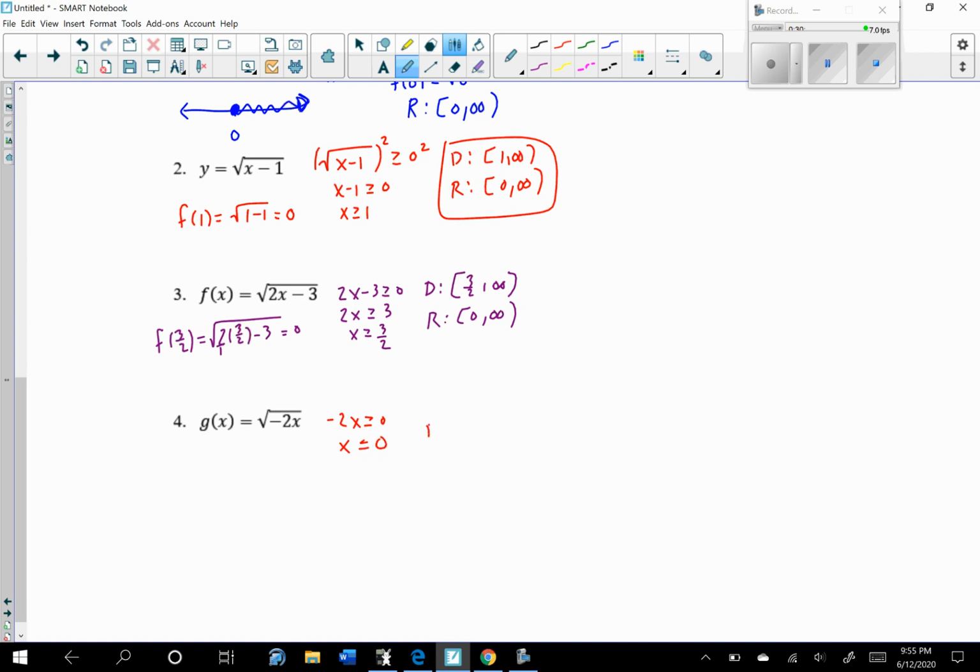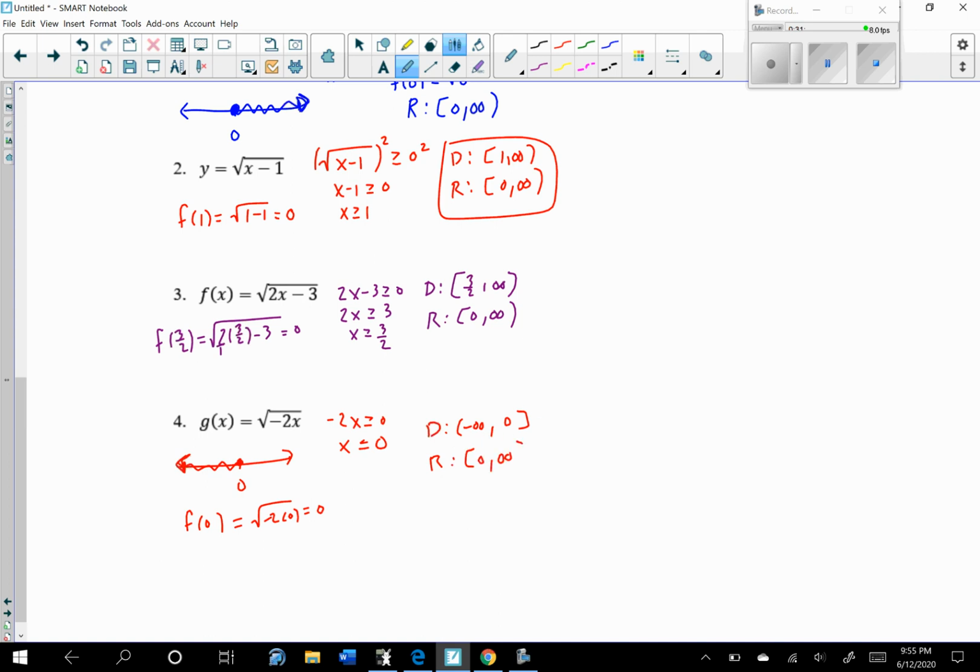So the domain for this one is, again, if you make a number line to help you, here's 0. This is less than or equal to, so it goes this way, so negative infinity to 0 bracket. And then the range, f of 0 is equal to the square root of -2 times 0, which is just 0. So this would be bracket 0 to infinity.